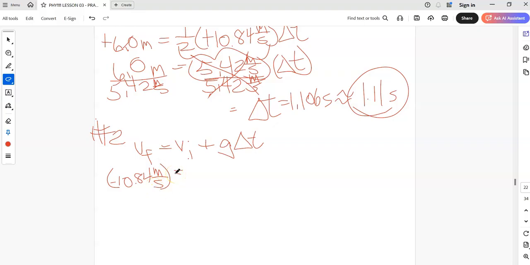Our initial velocity is 0, and then we have gravity at negative 9.8 meters per second squared times our change in time.